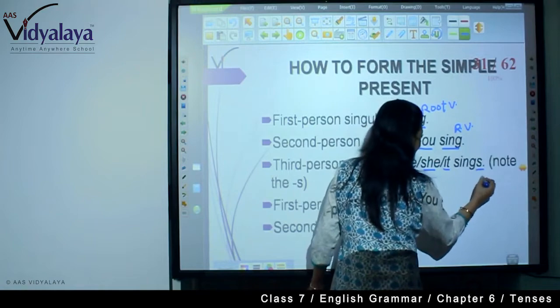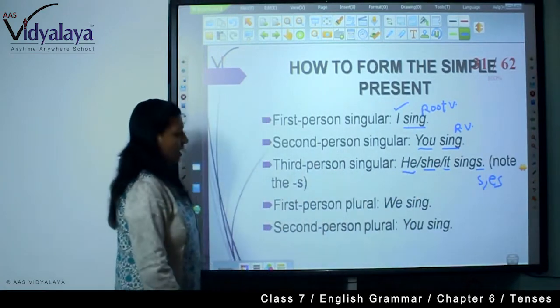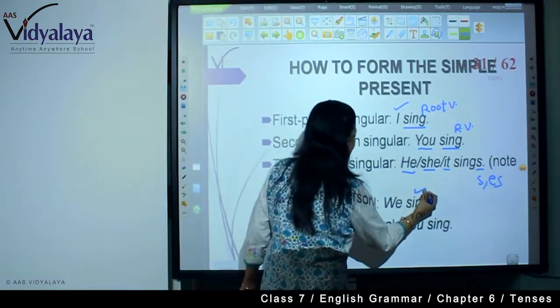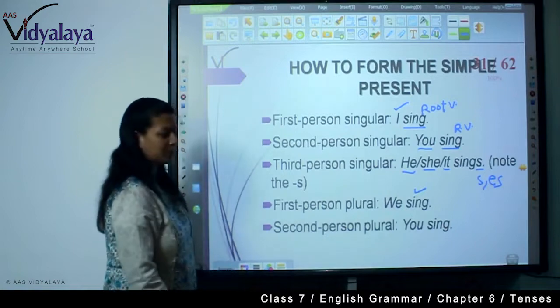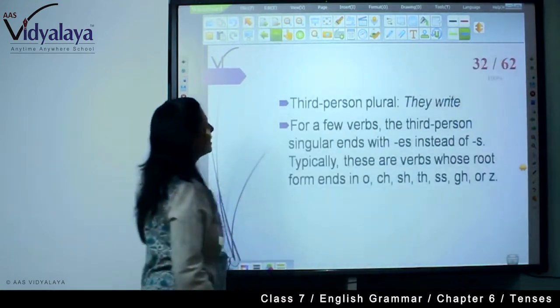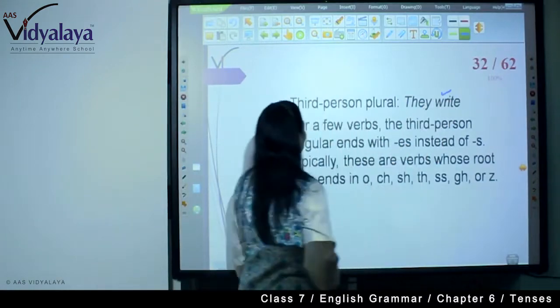Here we are using s or es. Now plural. First person plural, here root verb. Second person plural, here root verb. Third person plural, here again root verb.